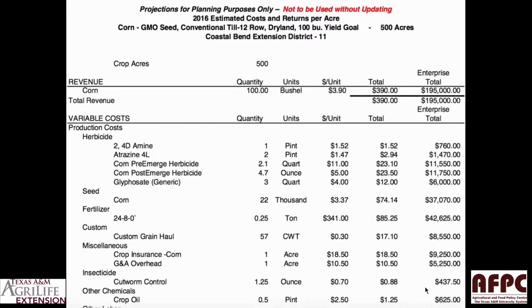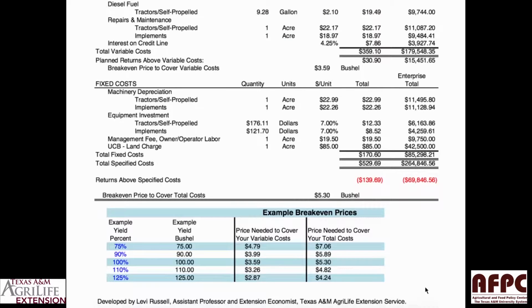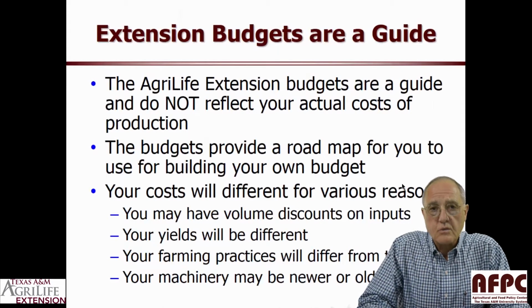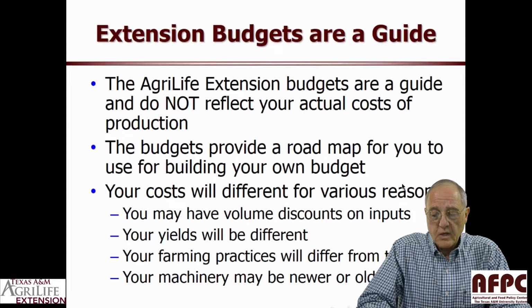This was put together by Dr. Russell, and it's updated each year based on current costs of production for the inputs. As you see, it has production costs here, seed, fertilizer, etc. It sums up the variable costs, and then it gets down here and talks about the fixed costs for that farm. Well, this is a good way to start your budget work.